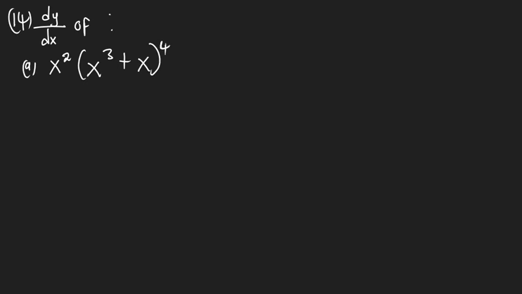Question 14 is saying we find dy dx of the following. A, they are saying x to the power 2, then 3x plus x, then all over to the power 4.